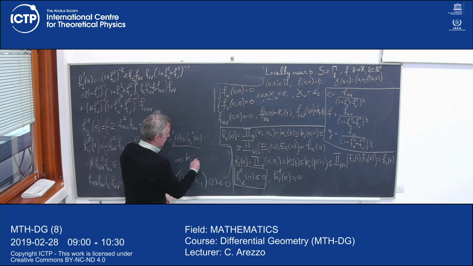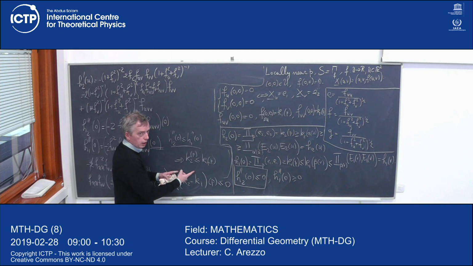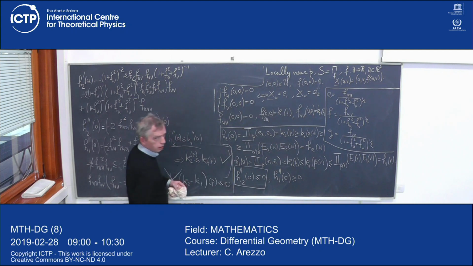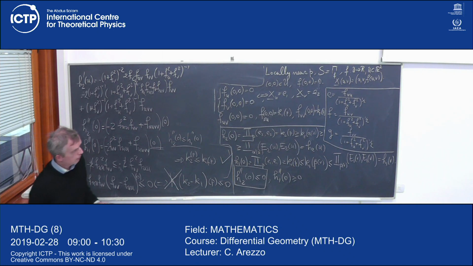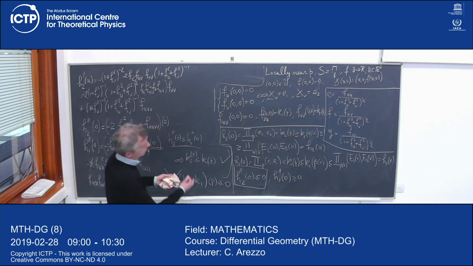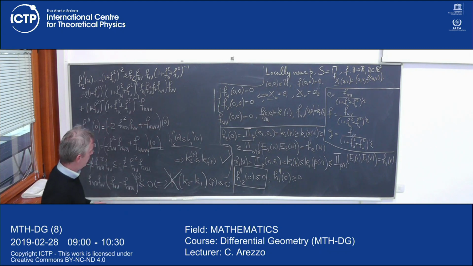But K2 is supposed to be the bigger one. So how is it possible? The only solution is that K2 is equal to K1. Okay? So it's umbilical.